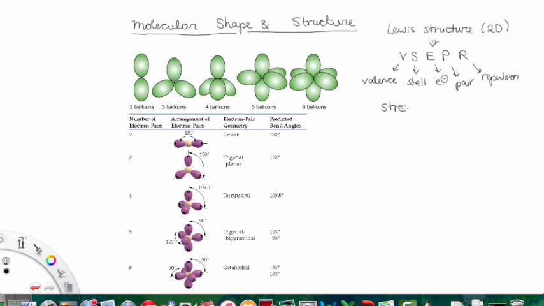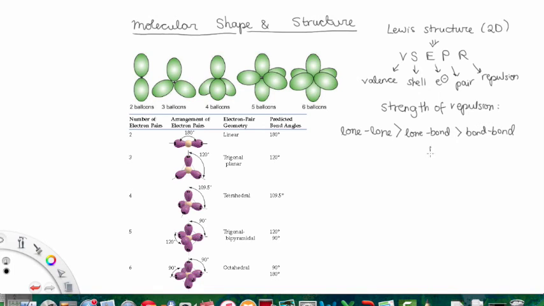Let me draw it right here. Strength of repulsion: we go from the largest strength of repulsion, which is lone pair-lone pair repulsion, which is greater than lone pair-bonding pair repulsion, which is greater than bonding pair-bonding pair repulsion.